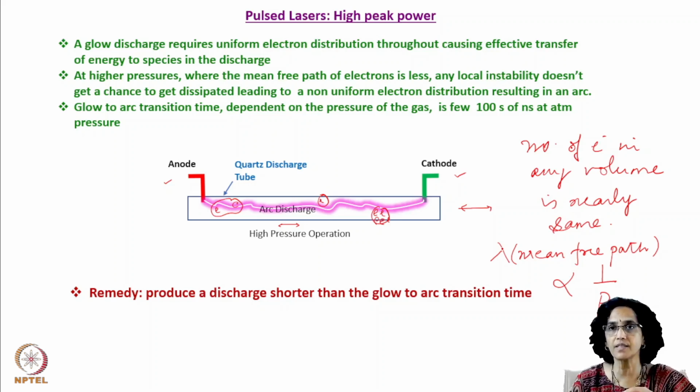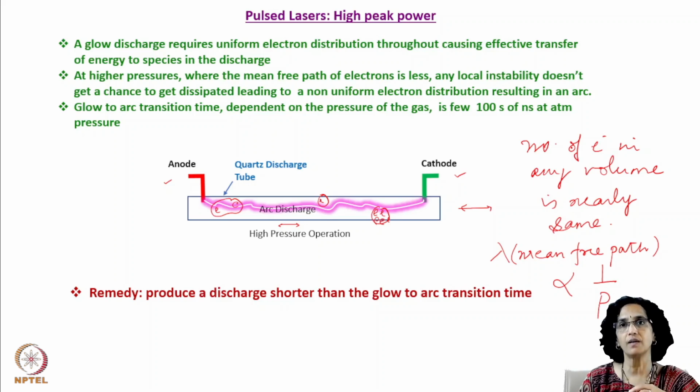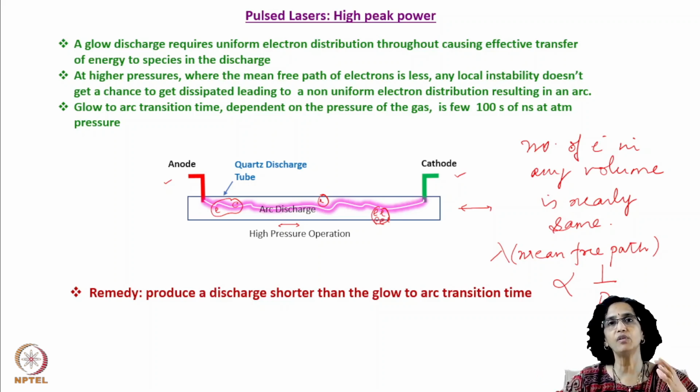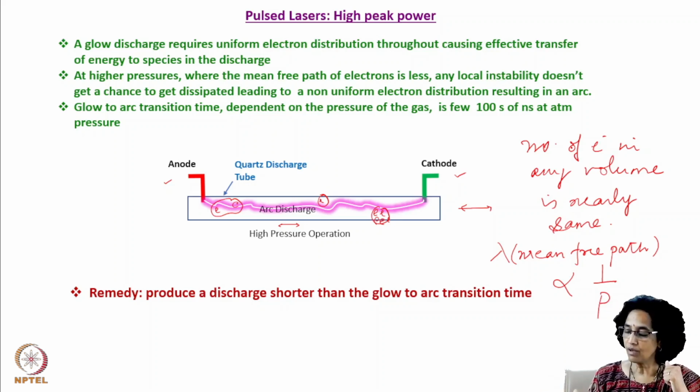That means it collides very, very frequently. Smaller is the pressure, it travels farther before it sees another species for collision. As the pressure increases, the collisions become so many more that the electrons, suppose we consider the electrons here, which are already larger in number, collide more, gain energy, collide more, and create more electrons in this region.